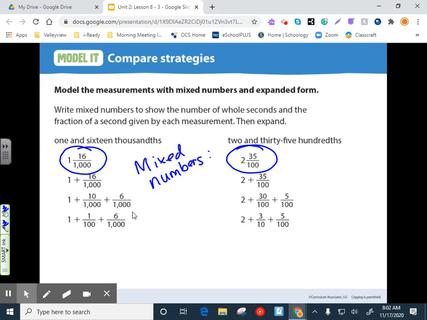That means it's a combination of whole numbers and fractions. And that's why they call it mixed, because it kind of mixes the two together. So that's all I want you to take away from that. Expanded form is great. We're understanding that, and we can just move on from there.